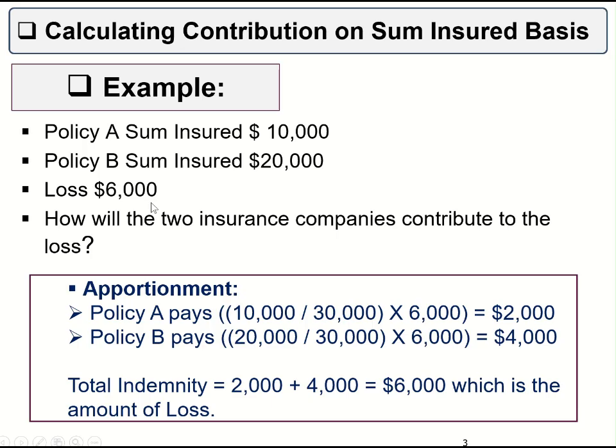So in this case, the insured will benefit nothing from having more than one policy, except that he has to pay two premiums, but at the time of the loss, he will have indemnity from both companies, totaling the amount of the loss. This is the simplest method for calculating contribution.